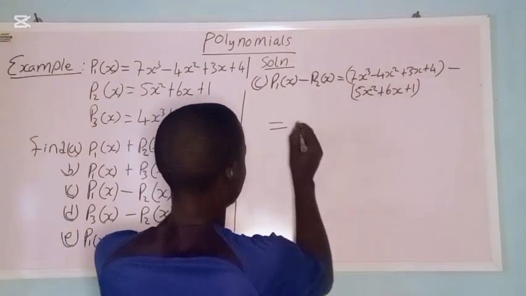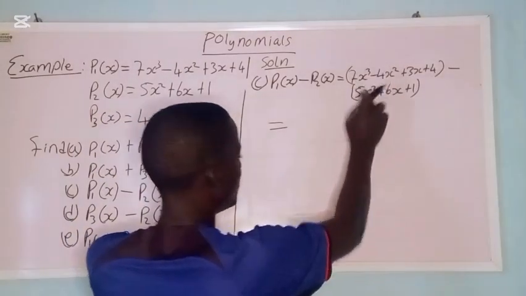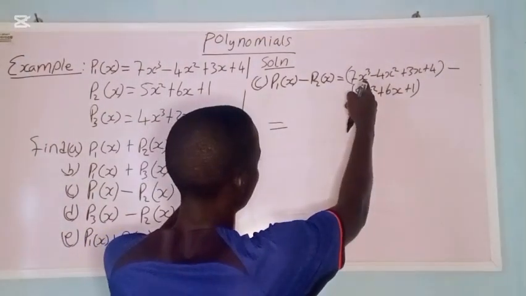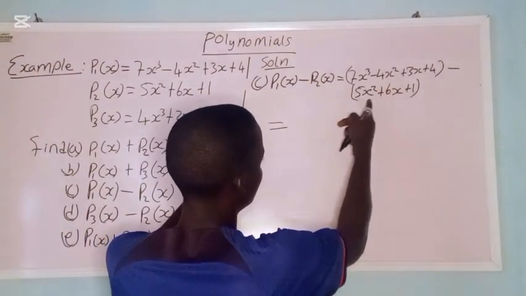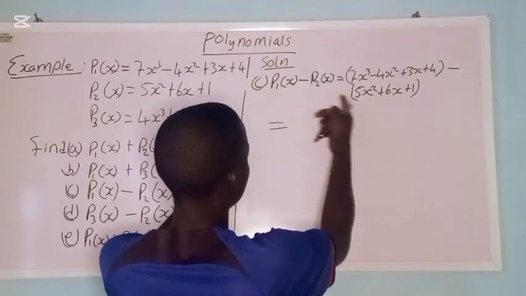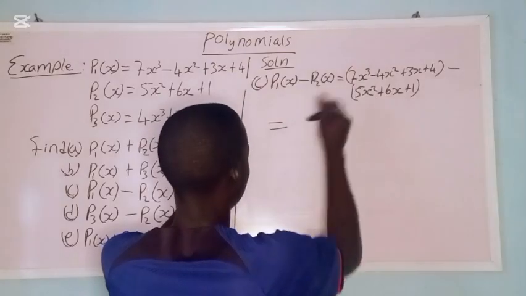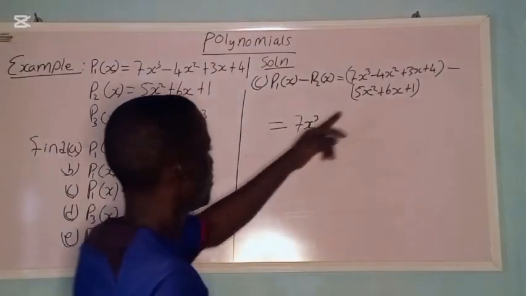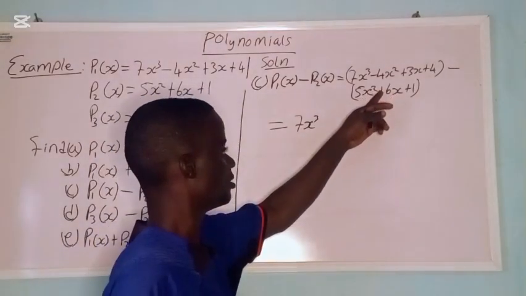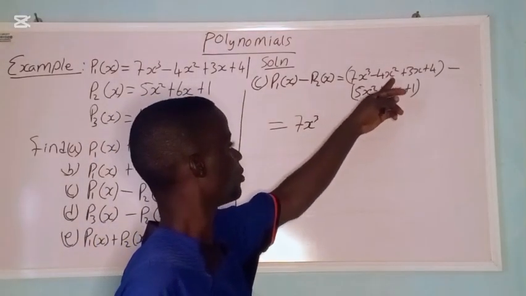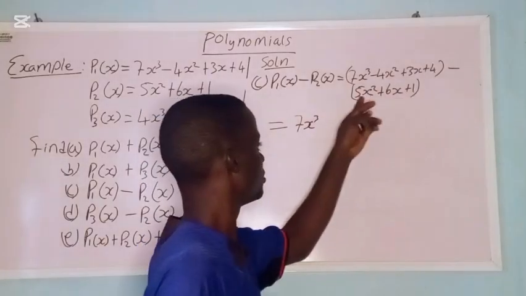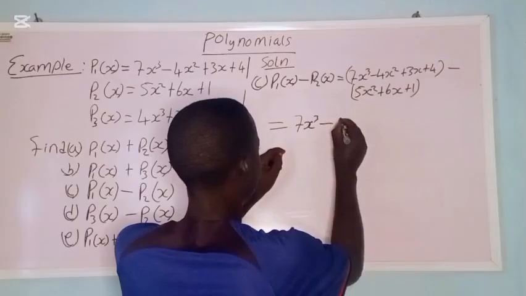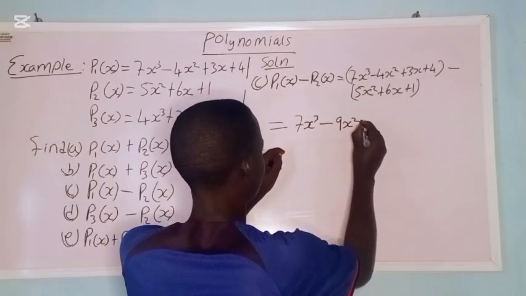So now what you will do here is, the only one that has an x cube is the 7x cube. The P2 does not have x cube, so we will only pick this one, the 7x cubed. Now we go to this one: minus 4x squared minus 5x squared will be minus 9x squared.